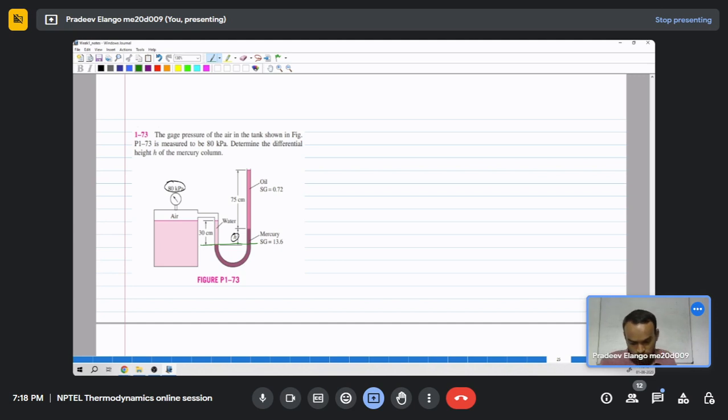Now PL is P of air plus rho GH, which is 80 kilopascal, which is 80 into 10 power 3, plus rho of water, 1000, into 9.81 into the height 0.3.